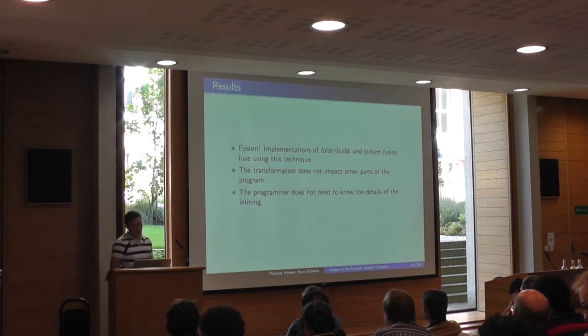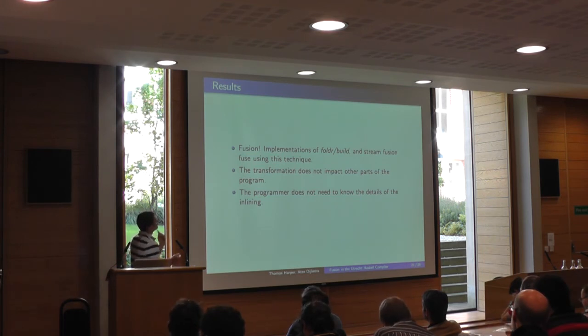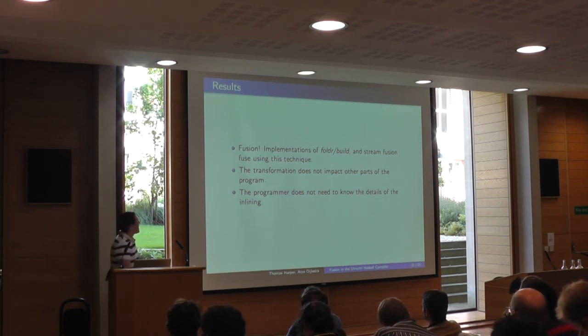So the results: we've implemented some other fusion as well, but namely foldr-level stream fusion fuses fully with this technique and quite reliably. The transformation does not impact other parts of the program. This is, to me, a key thing. And in fact, when you have a simplifier, you tune it.